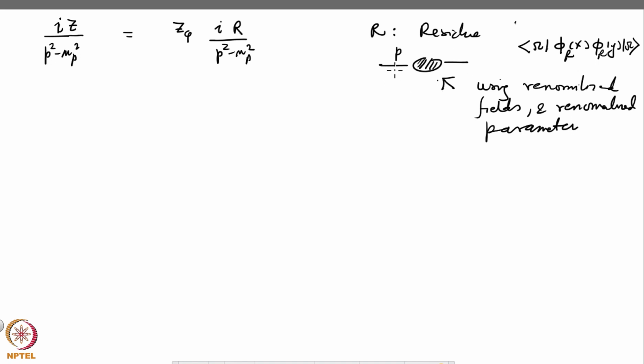When you calculate this, you know that it's going to give you a pole at the physical mass, and it will have some residue, and whatever residue you get, I am denoting by R, or rather i times R.